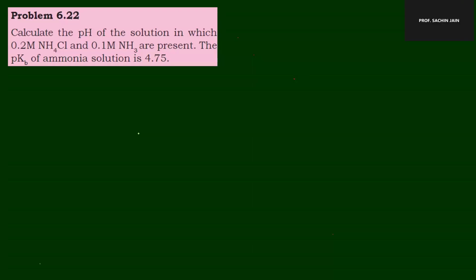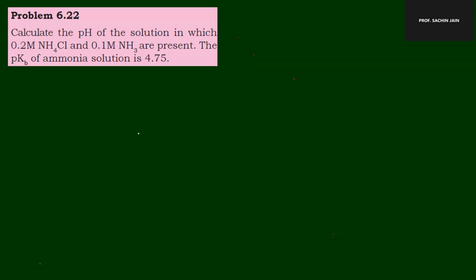Here, a solution is there in which ammonia and ammonium chloride directly are present. And 0.02 molar salt है और 0.1 molar ammonia है. pKb is equal to minus log Kb, and then after finding Kb, we can write Kb is equal to ions upon the things that are getting dissociated, and then we can get H plus concentration and the pH of the solution.